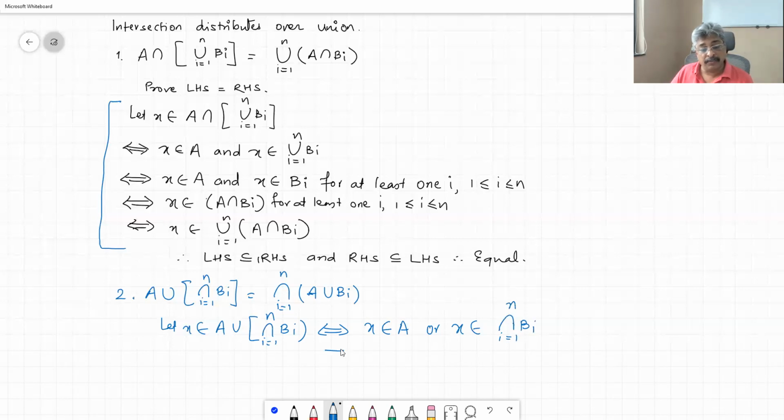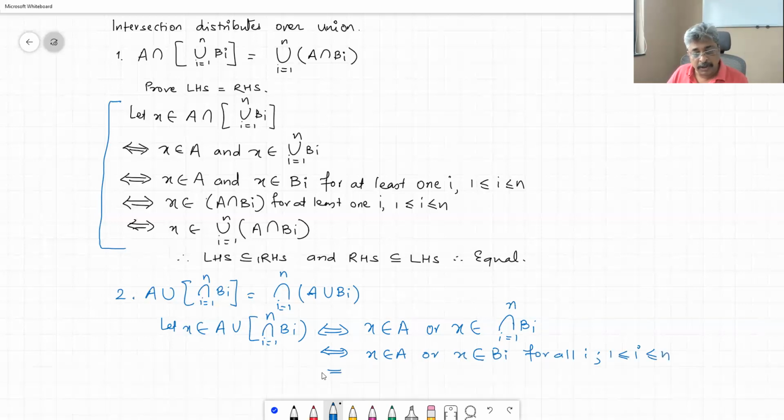If and only if, what does this mean? It means x belongs to A or x belongs to B_i. It is in intersection, therefore it has to be in every B_i. For all i, 1 is less than or equal to i less than or equal to n.